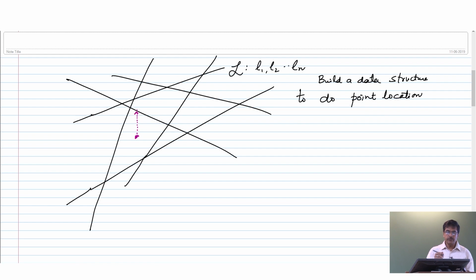So if I have L1, L2, L3, L4, L5, and L6, etc., and this is the query point Q, then the answer to this is L1, right. So this is L1.